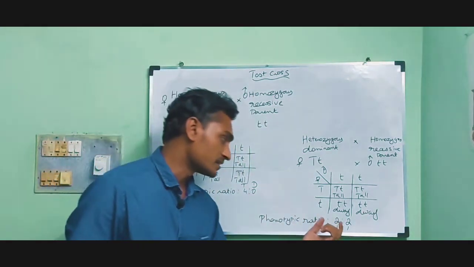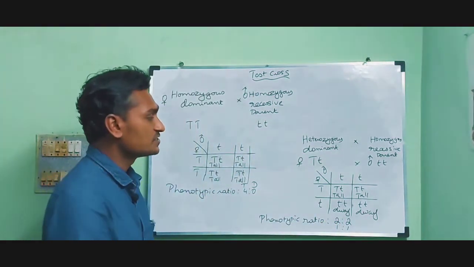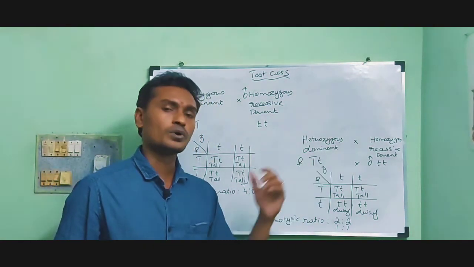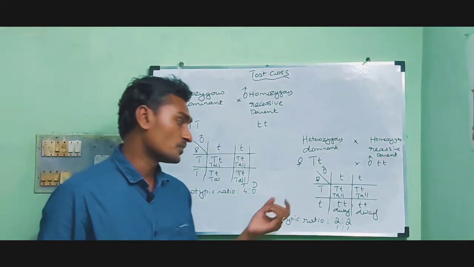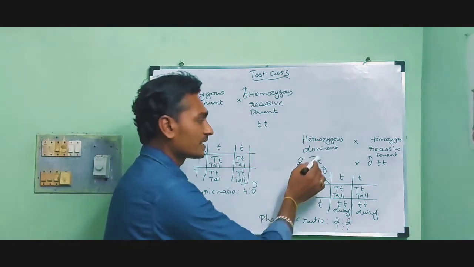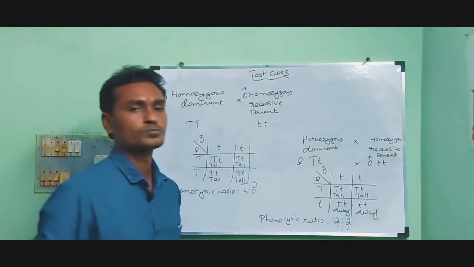If we find a 1:1 ratio, the genotype of the dominant character is capital T, small t.